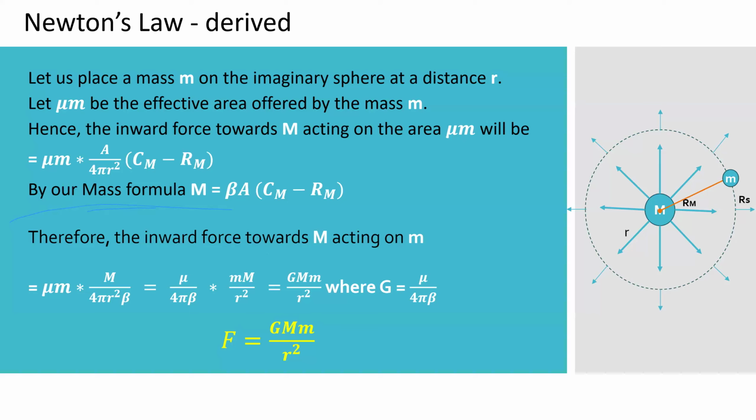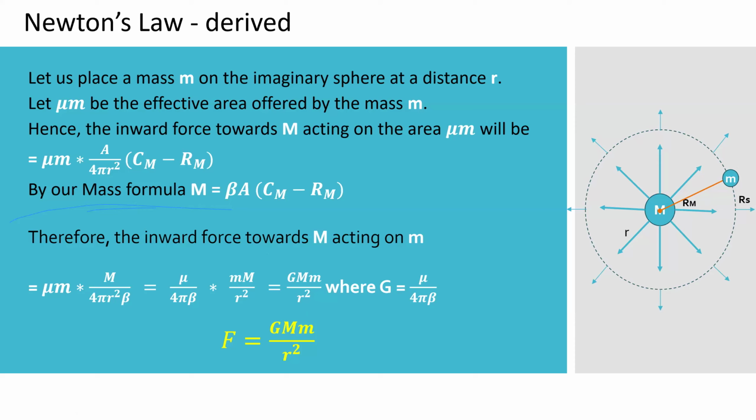Your question is right. The whole sphere cannot act on small m. That is what I'm asking actually. How can you put that 4 pi r square? Some steps were skipped in between, so that is why the confusion happens. Whenever you keep a small mass at a point m, we are considering an effective area on the small mass.